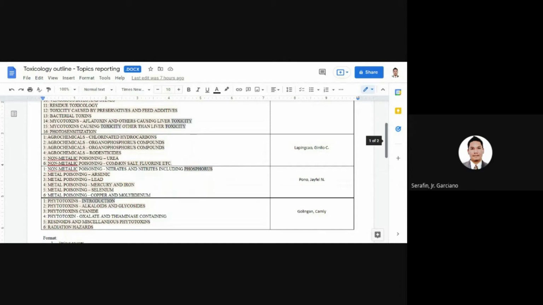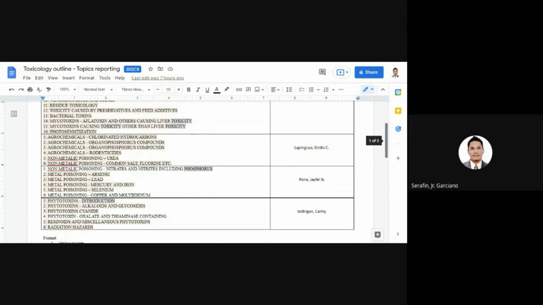This is important because this report is equivalent to a 100-point exam. So you should be prepared and knowledgeable about your report because this will serve as 100 points, or one examination.